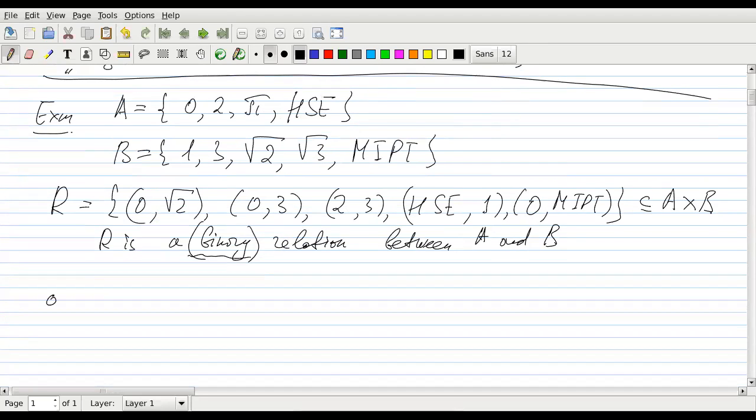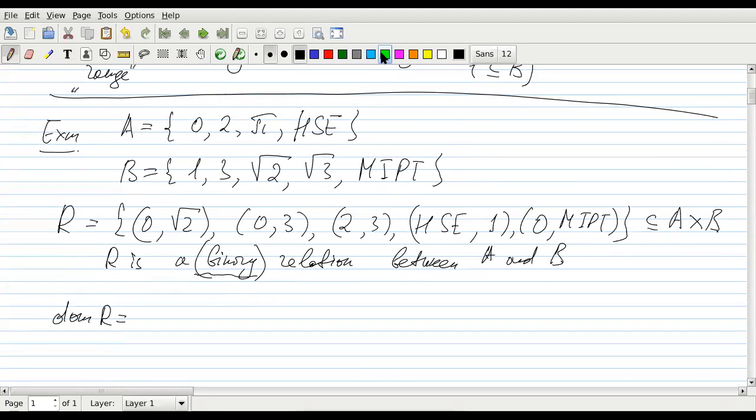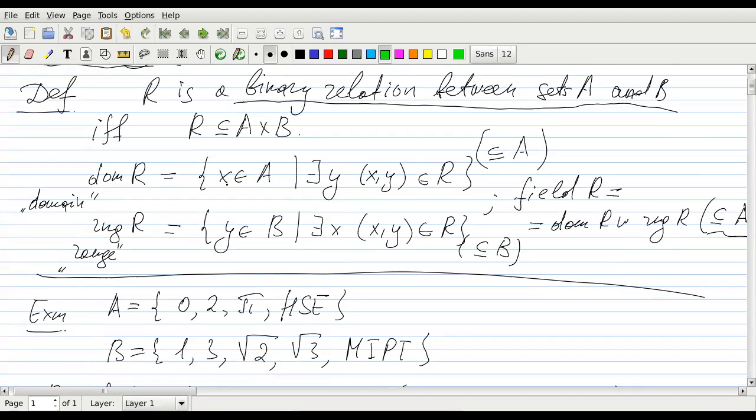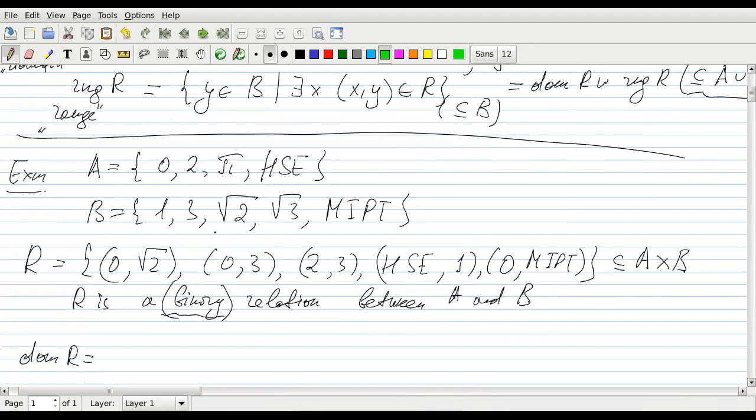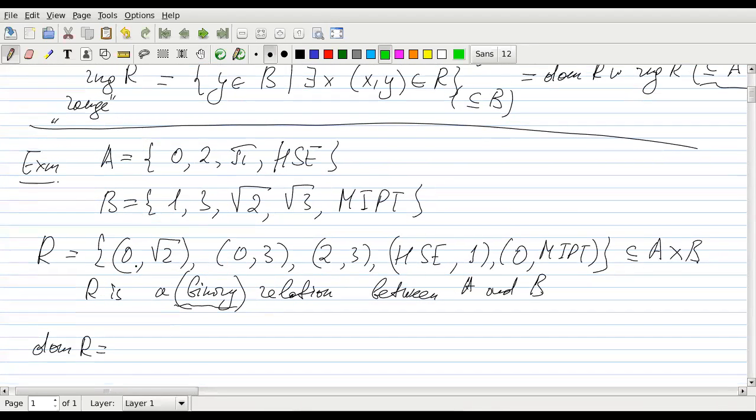Okay. What is the domain of R? So the domain is the set of all first coordinates, the set of all elements x from A which have some pair, some y, so that (x, y) belongs to R. So let's find all the elements of the domain. Is 0 an element of the domain? Yes, of course, 0 is an element.